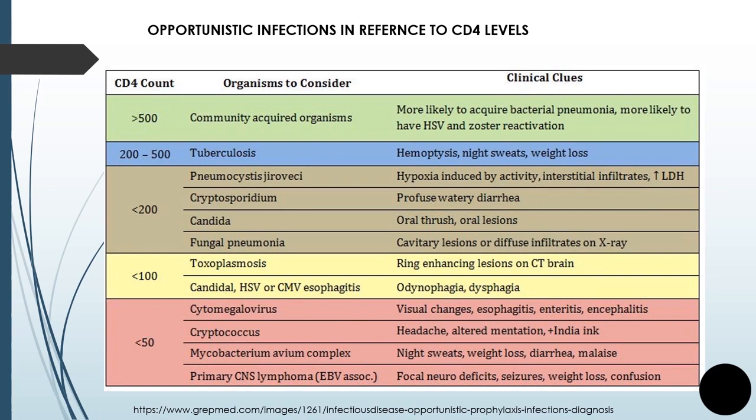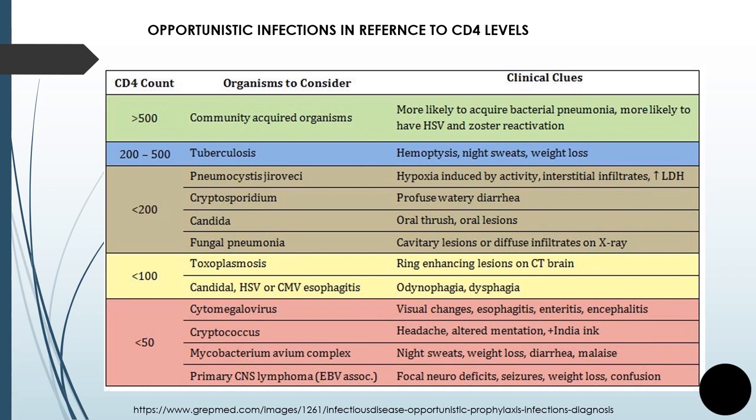In patients with CD4 count of less than 100, toxoplasmosis, Candida, herpes simplex virus, and CMV infections are common. Cryptococcal infection and certain GI-related infections like cryptosporidiosis and microsporidiosis can occur at CD4 count less than 100.